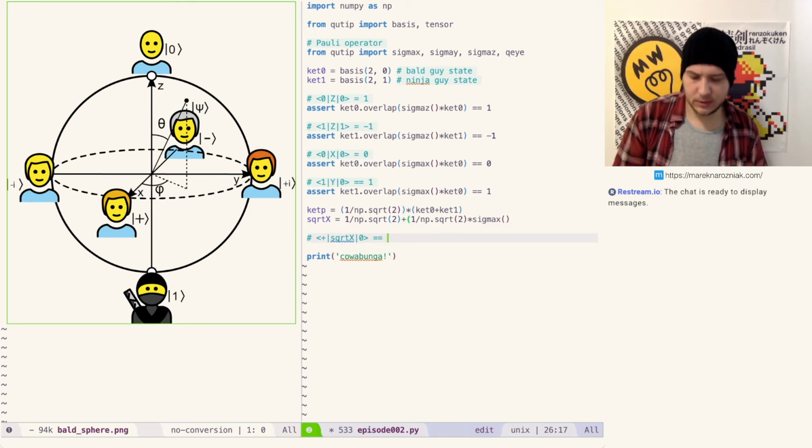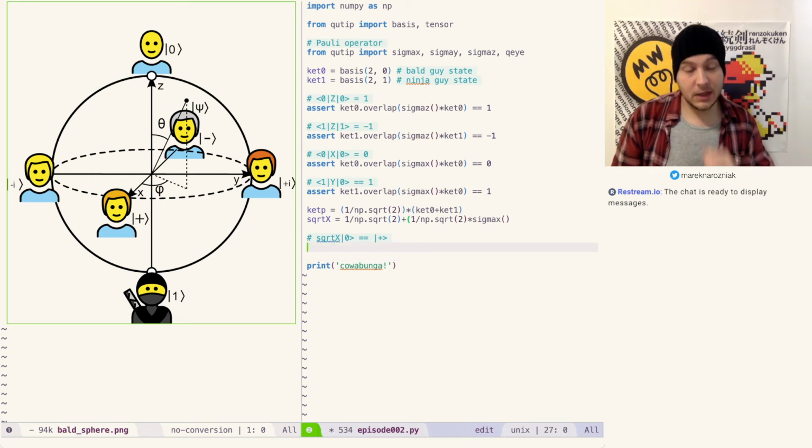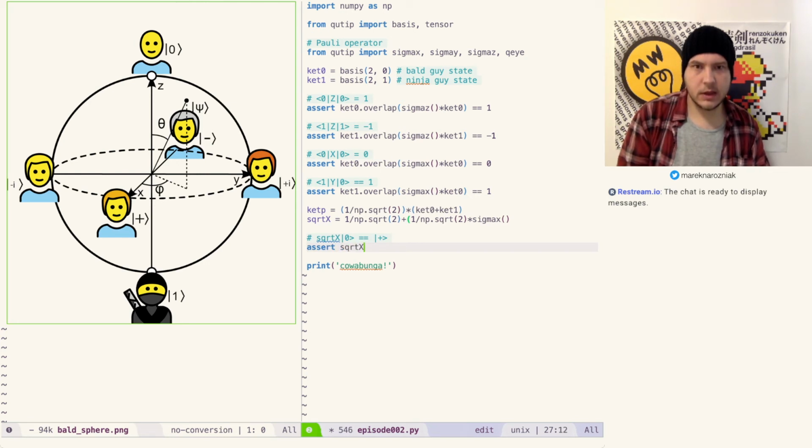Let's just do this. Let's just apply it. Stop doing that. So, guys, you are witnesses. Why is it doing that thing? It's so annoying. I'm glad I have it on tape. Times ket 0, ket plus.